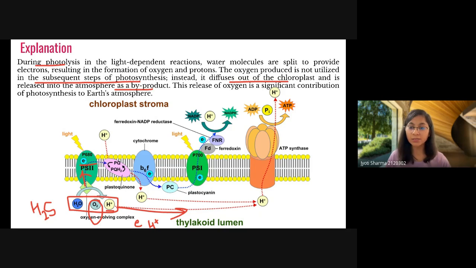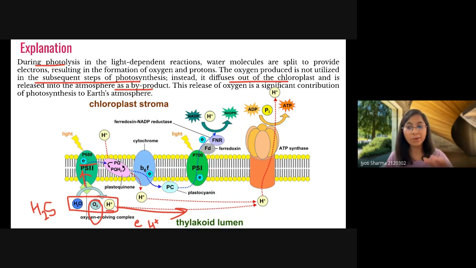And this oxygen is very important for us to have at least 21% in the atmosphere. Otherwise it would be very difficult for human beings to survive. So sulfur bacteria also perform photosynthesis, but the point is that oxygen is not released by that photosynthesis.